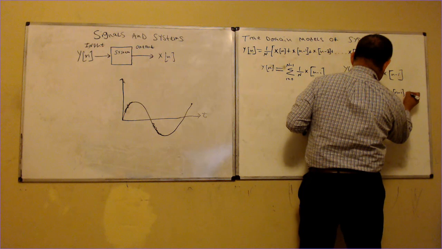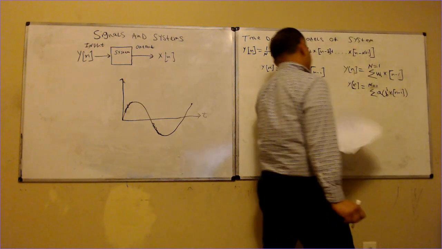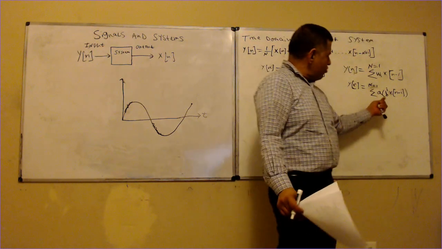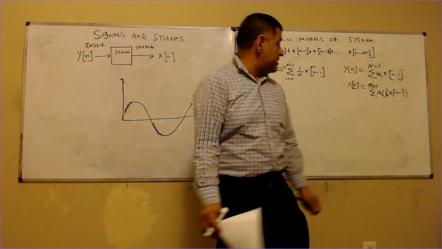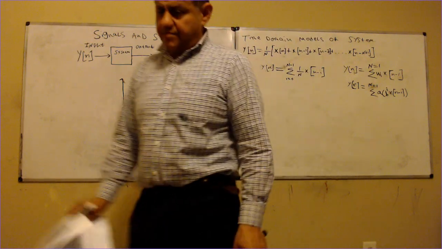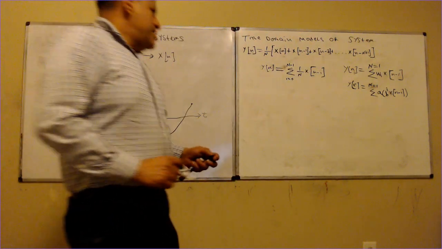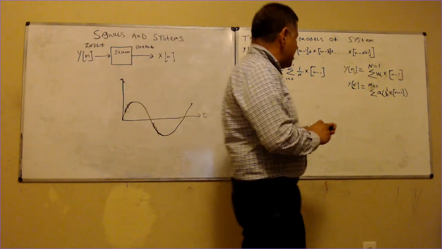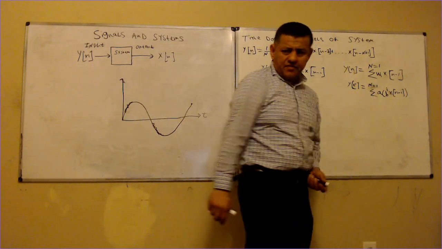Close those brackets. That's why it's called an exponential weighted filter. All right, so this is the one that we will be using to analyze the system. Now, we need to find A. We need to find A.